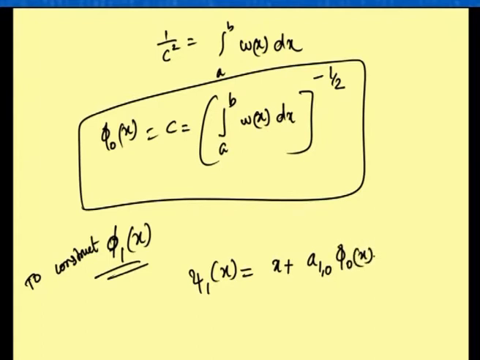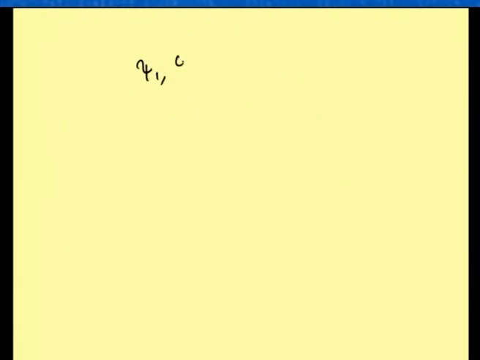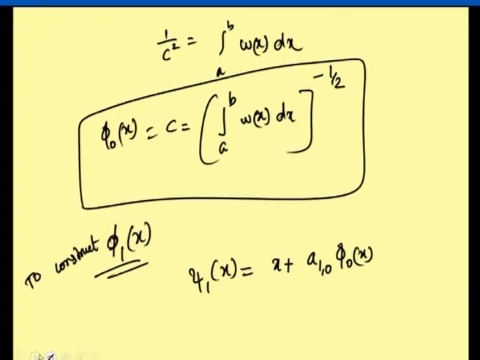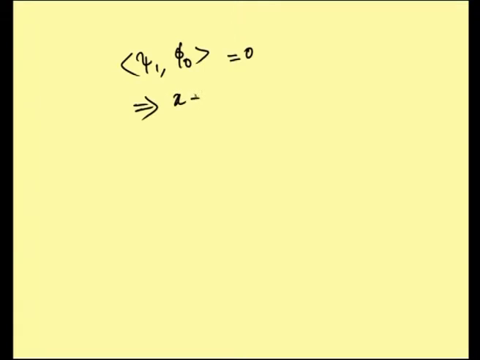Then psi 1 comma phi naught inner product is equal to 0, because psi 1 has phi 1 and phi 1 comma phi naught is 0 according to the Gram-Schmidt statement, isn't it? Phi n comma phi m is 0 when n is not equal to m. So this gives you psi 1 comma phi naught is 0. What is psi 1? x plus a 1 comma 0 phi naught of x.